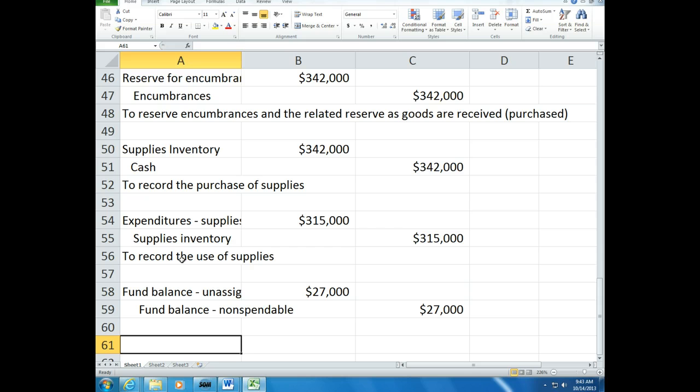Do you understand how we got that? That's the difference between what we purchased and what we used. I understand where you got it, but I wouldn't have known to call it fund balance unassigned. Because we're using the consumption method, right? Isn't that why we're using the fund balance unassigned and fund balance nonspendable? Didn't we do it that same way in the other exercise? Yeah.